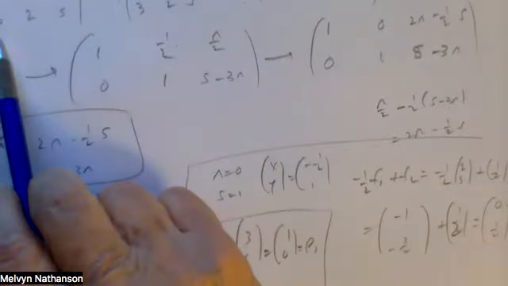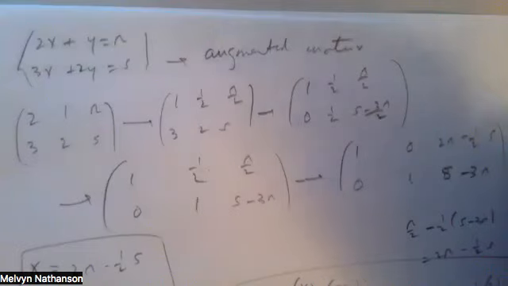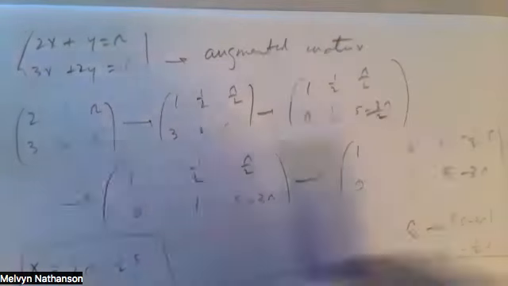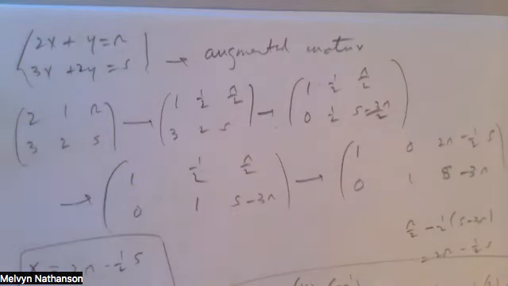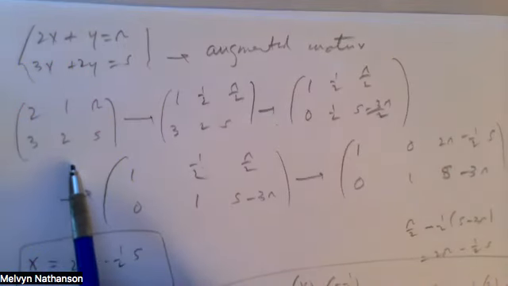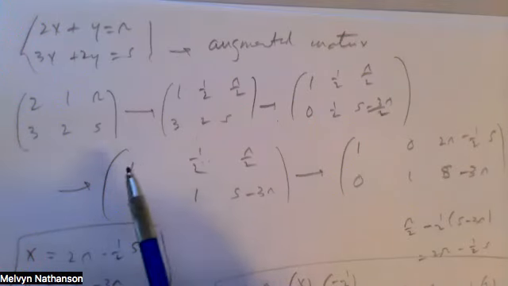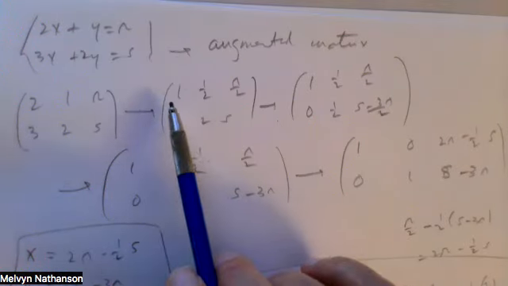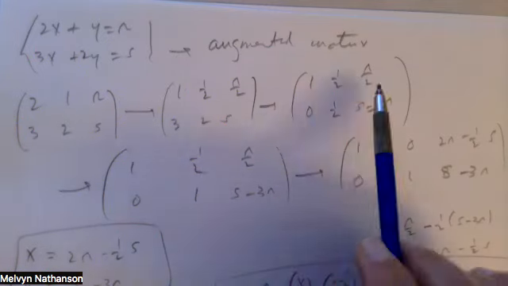So I take the matrix. I have to solve these two equations and two unknowns: 2x plus y equals r, 3x plus 2y equals s. This is the augmented matrix, 2, 1, r, 3, 2, s. It gives me a half, 1/2, r over 2.